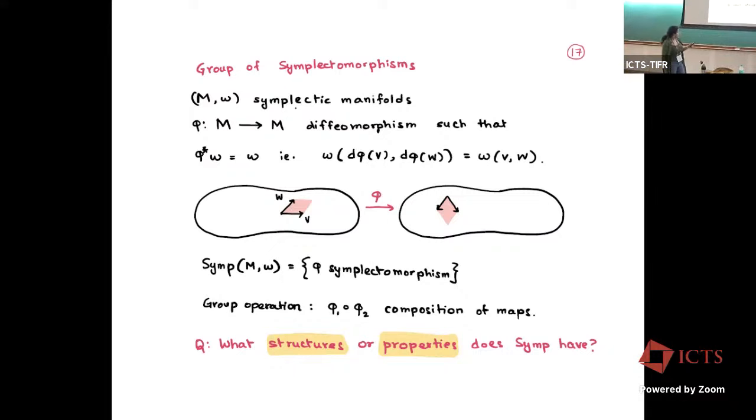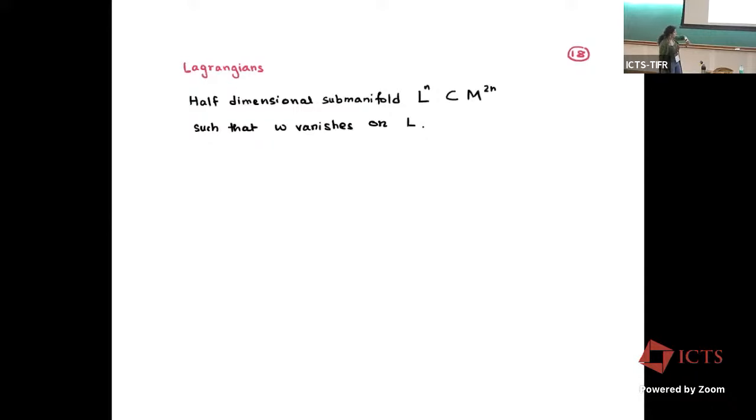Okay. And lastly, these are my favorite objects. Things called Lagrangians. What are Lagrangians? So if you've taken some quantum mechanics, there's a different thing called Lagrangian. Warning, this is different, but named after the same person. Okay, so it's a half-dimensional submanifold. Remember we said symplectic manifolds are always even dimensional. So look at half of it.